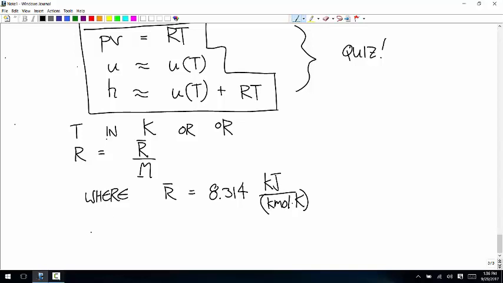And that capital M is the mass per mole of the gas.